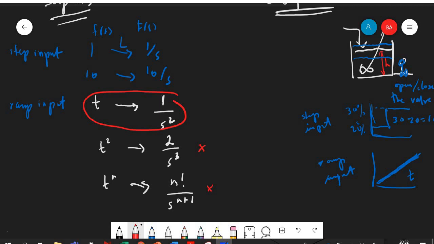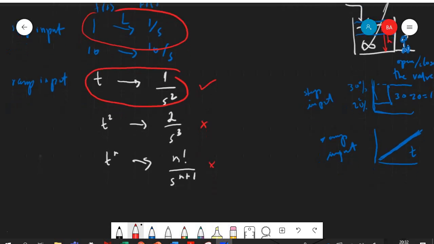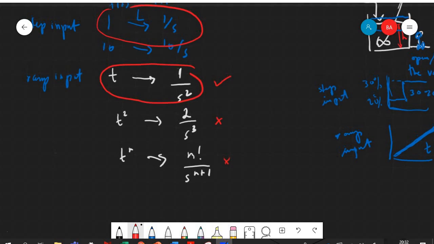But to go to the S domain, this is the one that is applicable as an input. And of course the first one, 1 over S, which is a step input. So these are very common inputs that we must know and follow.